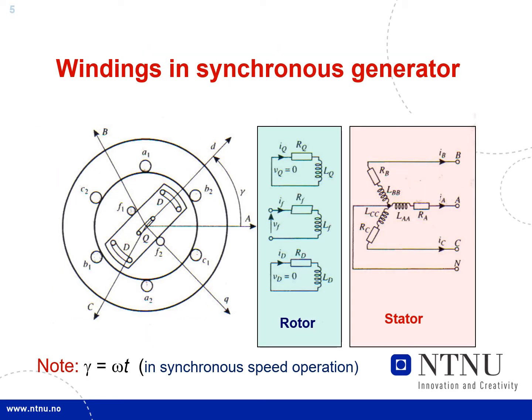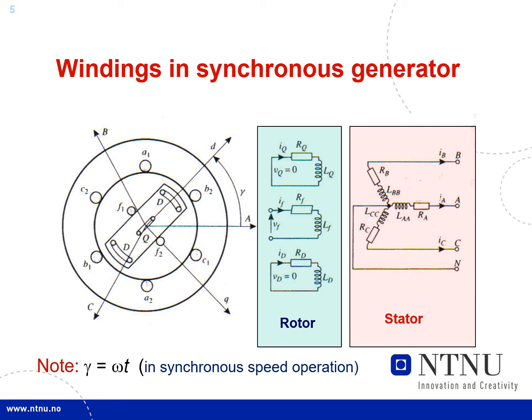Now, this is the way we consider the synchronous machine, with 3 sets of windings in the stator that are 120 degrees separated in space in the machine. And we have a rotor where we have the main field winding, and we also have two windings that represent the damper windings.